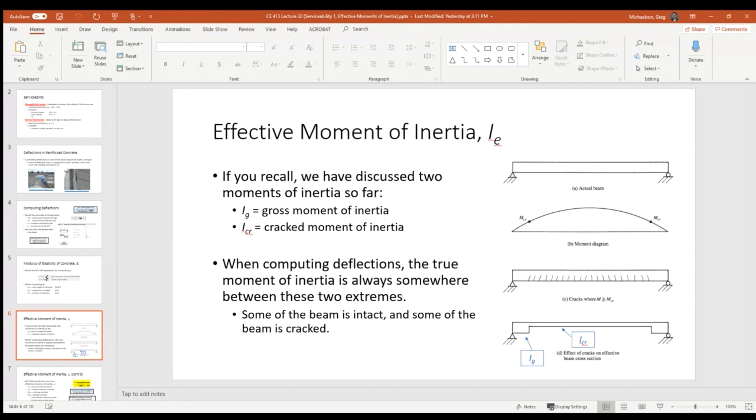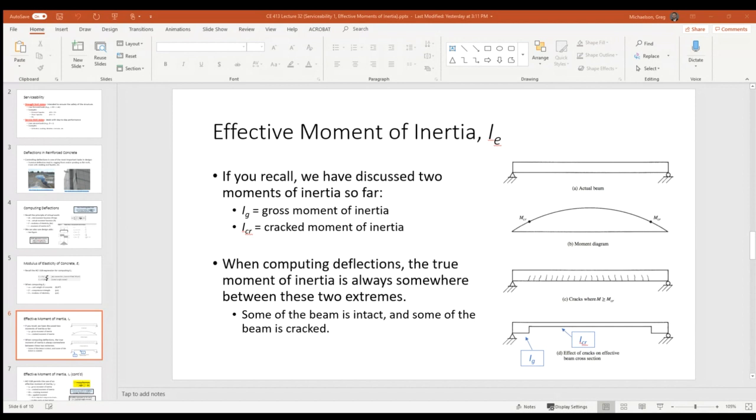Well, if that's the case, then it's feasible that some of your beam is possibly cracked and some of it isn't. So, for instance, if you look at image C, see how the cracks are in that central region. They're in that region everywhere that the bending moment is larger than the cracking moment.